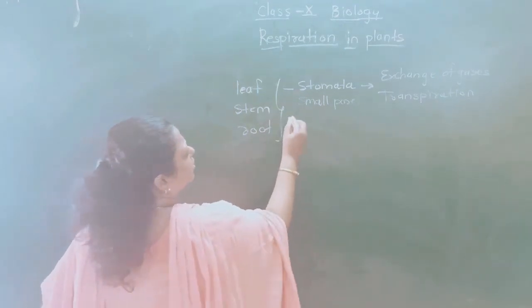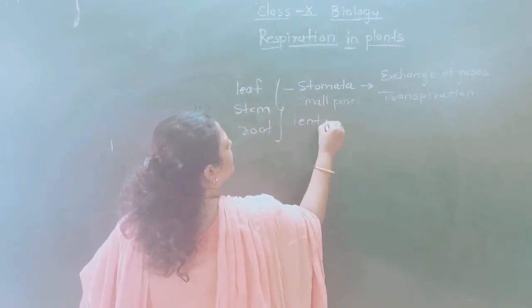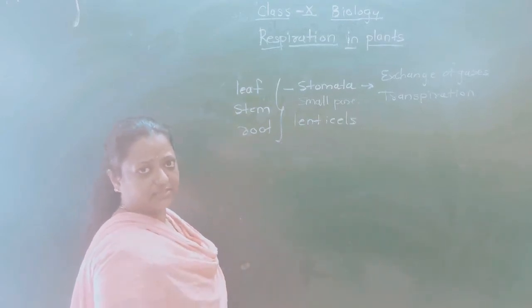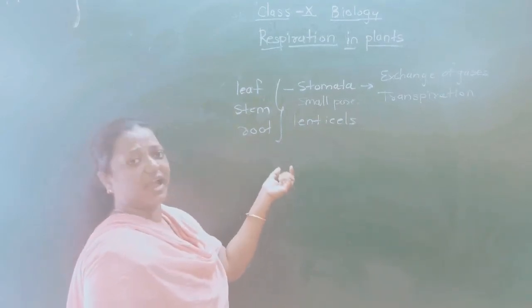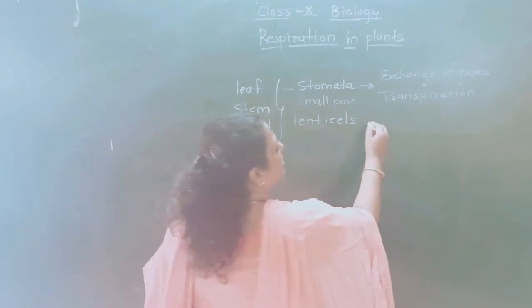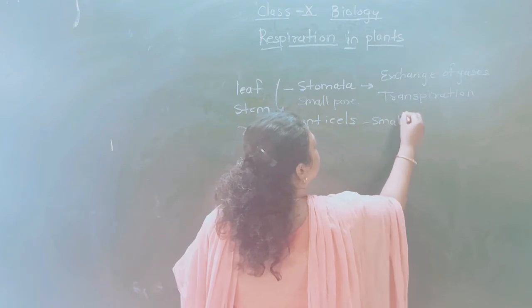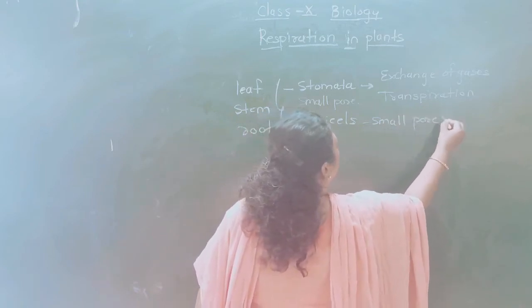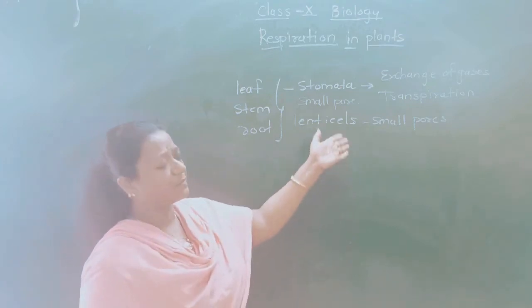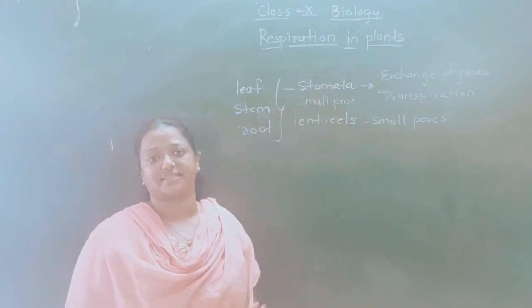And on the stem and the root, what is present? Lenticels are present, on the bark of the tree, that is also called the stem, and on the surface of the root. Lenticels are also small pores, and these small pores are designed for the same purpose as stomata, the exchange of gases.